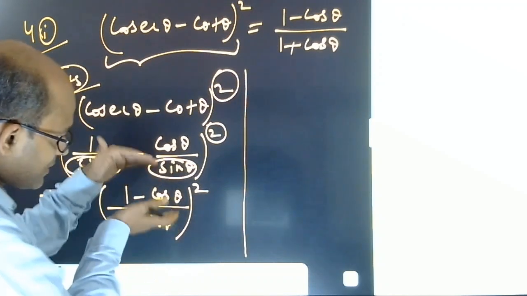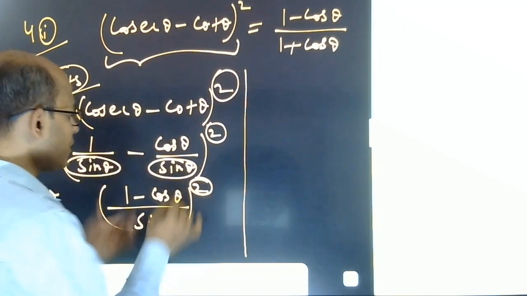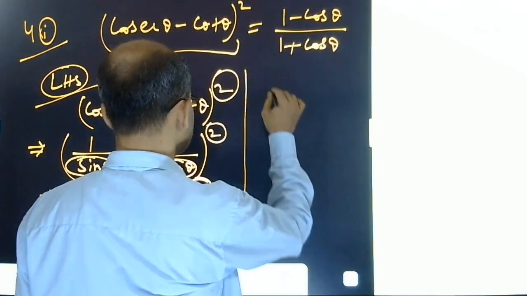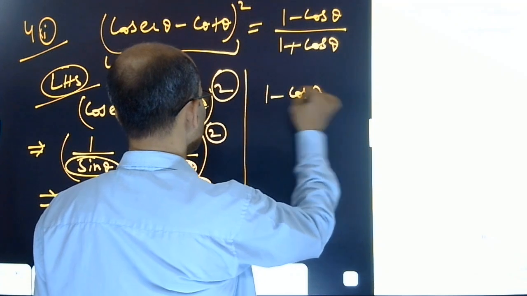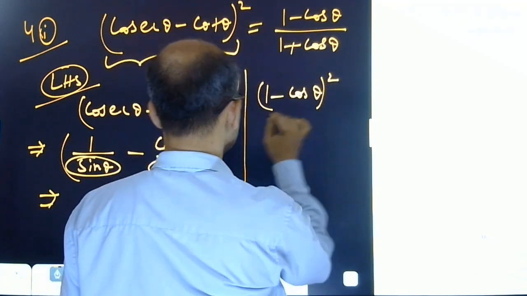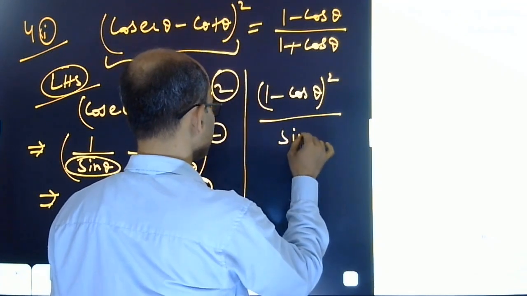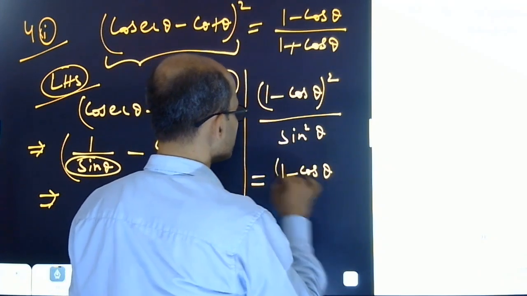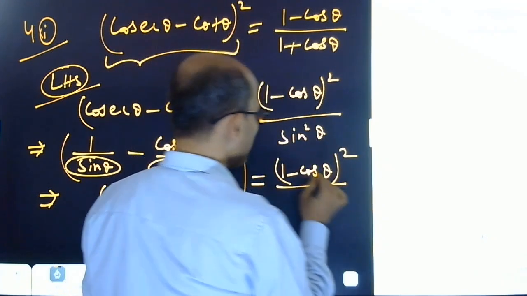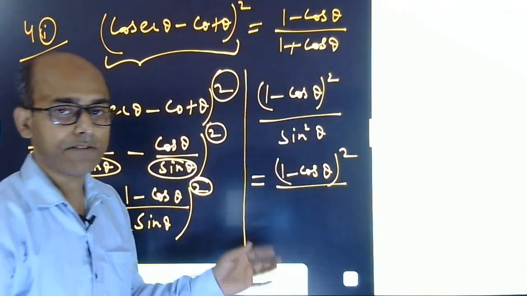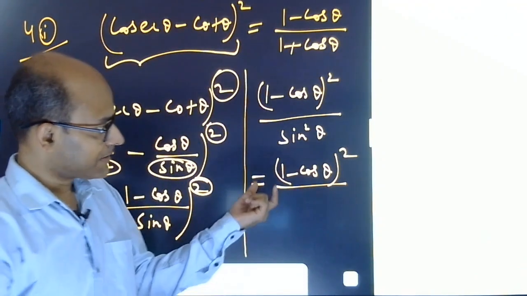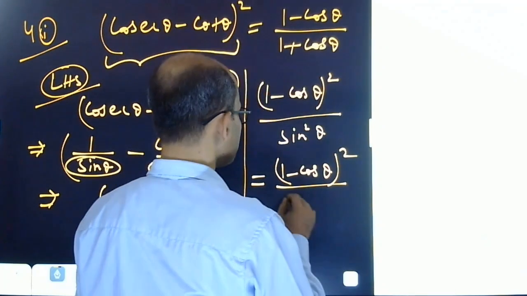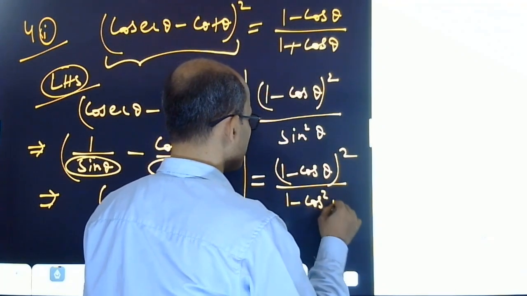We can separate this power 2 into the numerator and the denominator: (1 minus cos theta) whole squared divided by sin square theta. Recently we have seen that sin square theta can be written as 1 minus cos square theta.